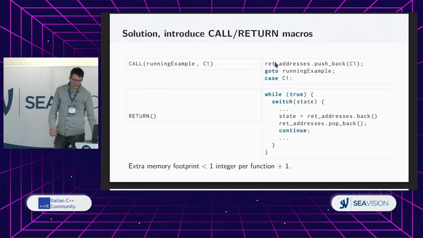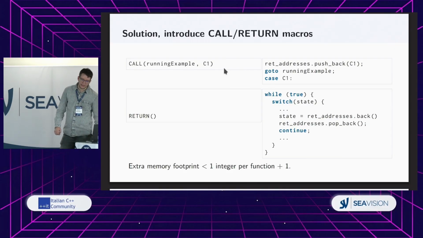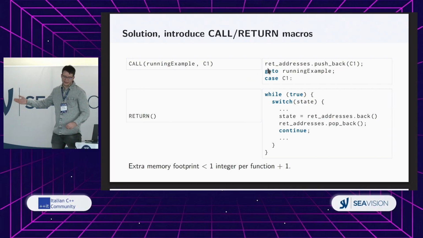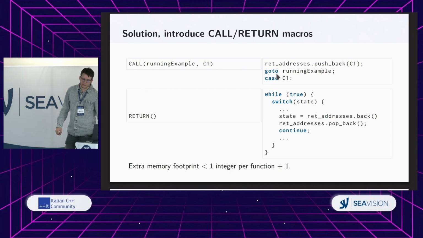When you perform the call, you push the place C1 onto a stack of return addresses, and C1 is the place after this call. You go to the running example, and you put the label so that when you are done with the running example, you can go back to this place.